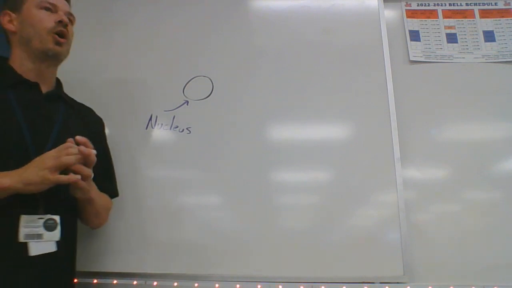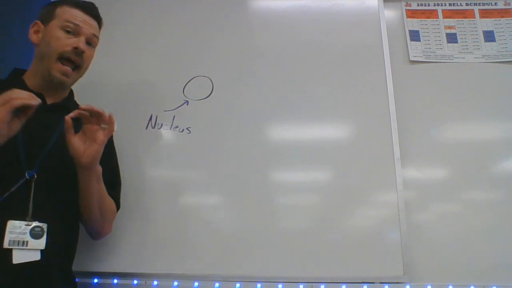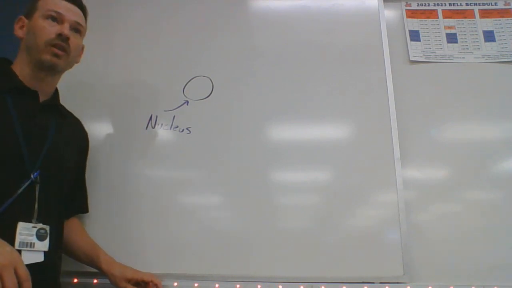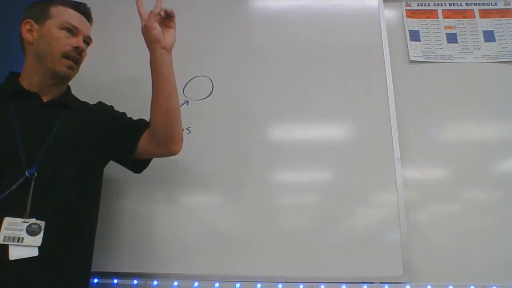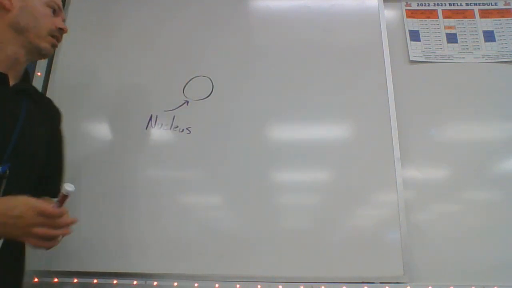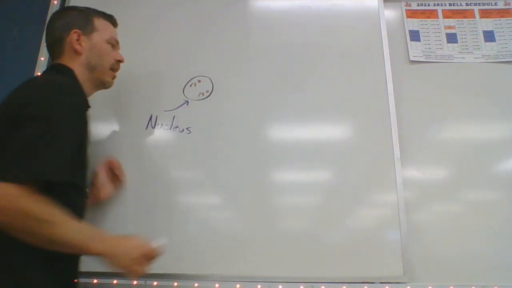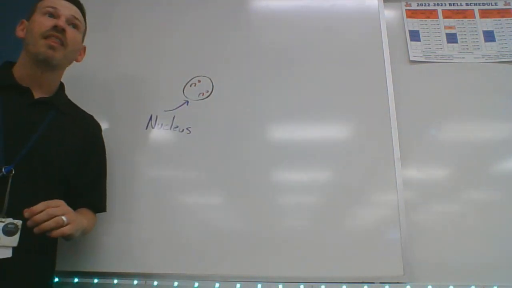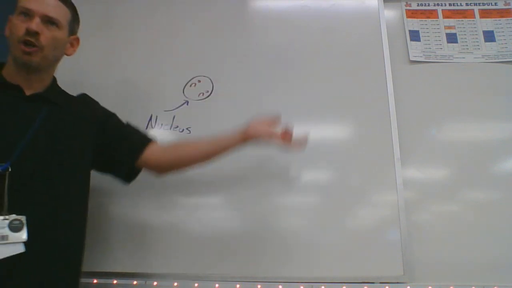Okay, so just like a cell, the center of an atom is the nucleus. Inside that nucleus, we've got two particles that live there. We've got neutrons that live in there. They have no charge. That's written in your table though, right?